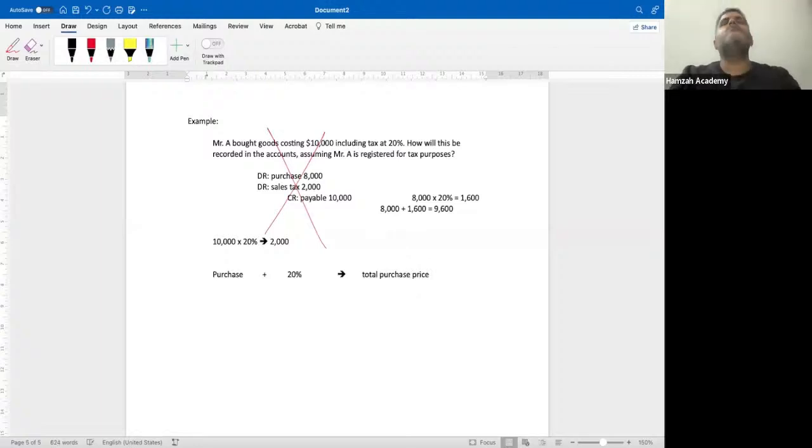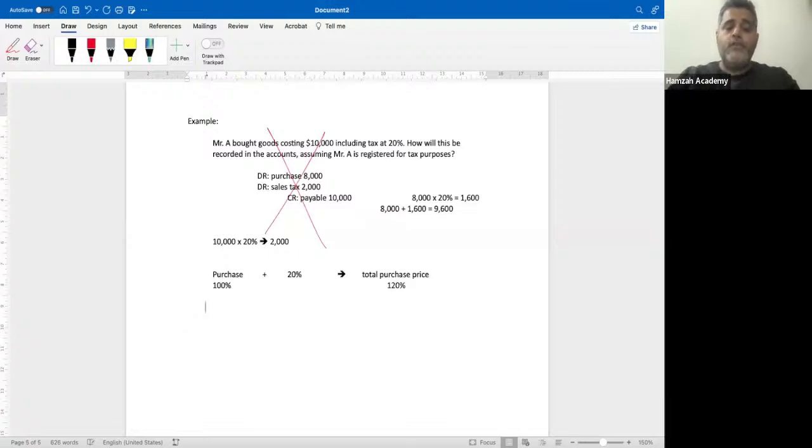Now, this is the rule of the maths: whichever element we have the percentage of, we are always going to assume that is the 100%. If you have the percentage of A, that is going to be assumed as 100%. If you have the percentage of X, you assume that X is 100%. So this is the maths rule which we always go by. So this is going to be 100% plus 20%, and you'll get a total of 120% over here, right?